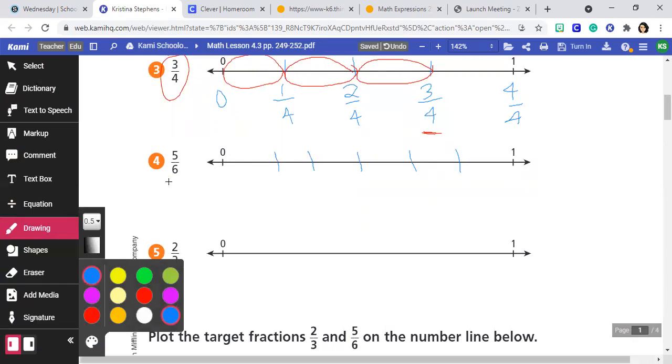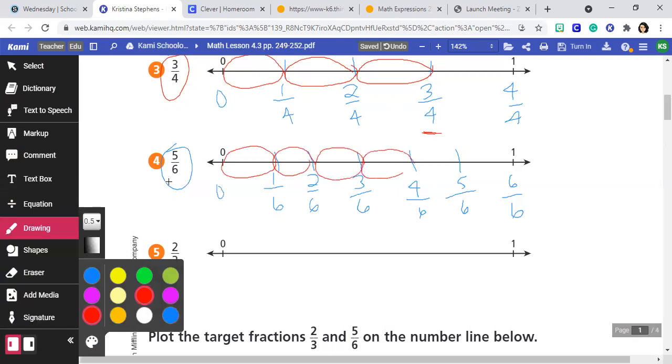Number the points on my number line. All good. Step 3, I'm going to loop the sections to represent my target number of 5/6. 1, 2, 3, 4, 5.